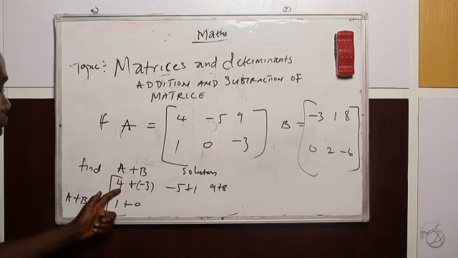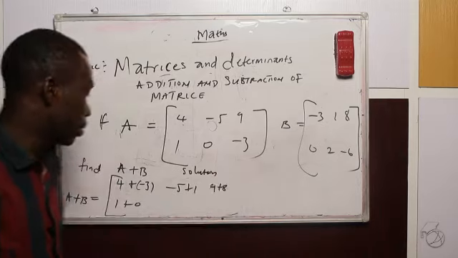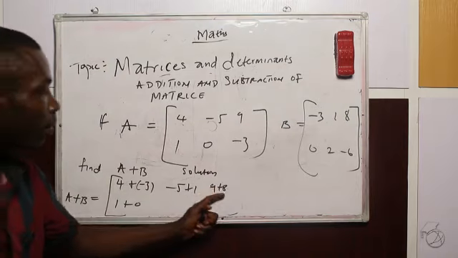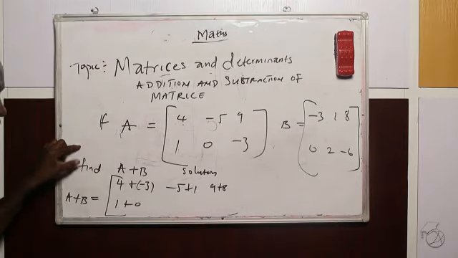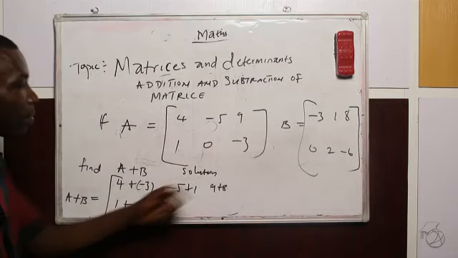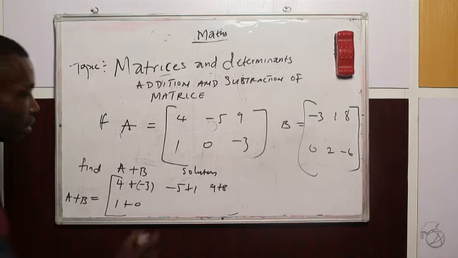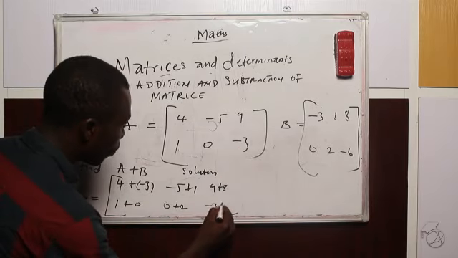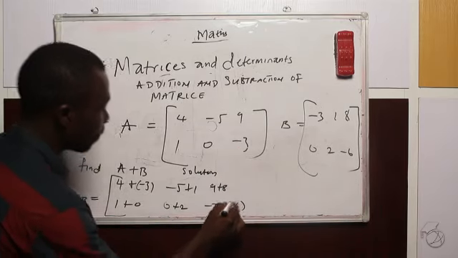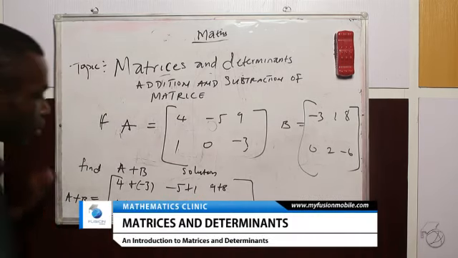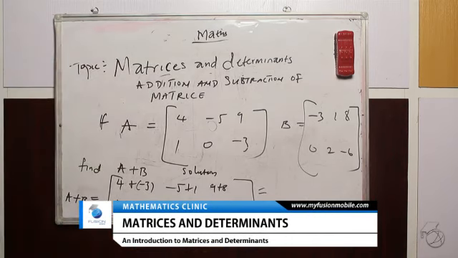That is why I consider 4 plus minus 3, minus 5 plus 1, 9 plus 8, because the question said find A plus B. That's the addition. We continue by solving our question.